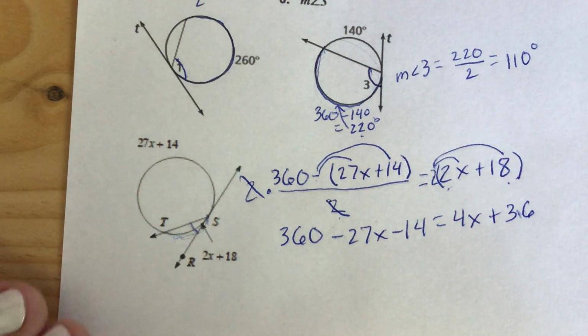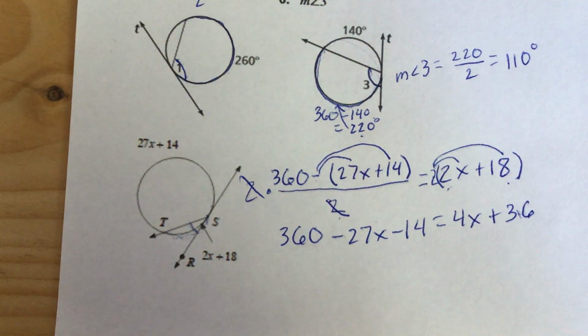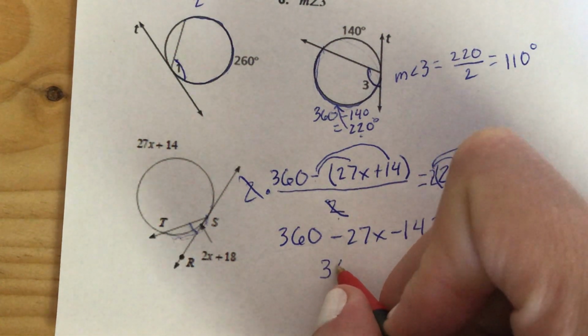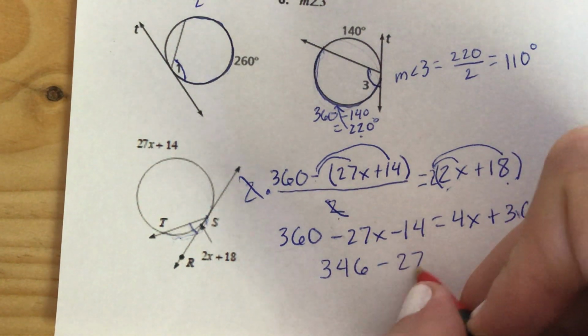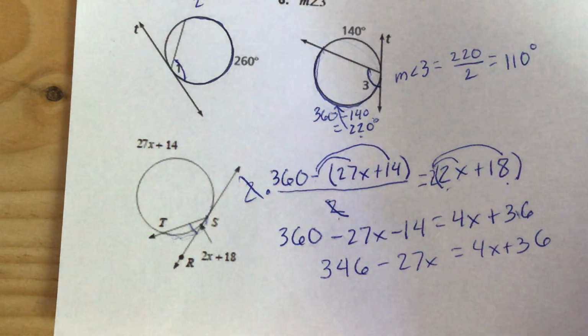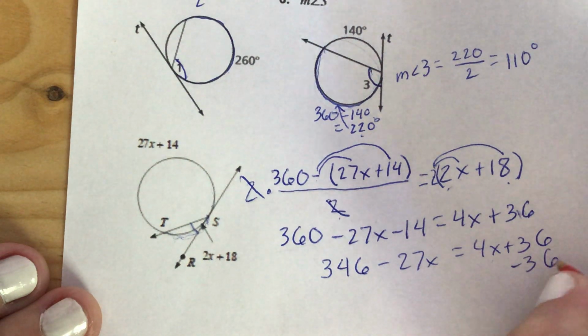Then from there, you're just solving for x. So I'm going to combine like terms. 360 minus 14 is 346. And then I'm going to rewrite it. From there, I just want to move my variables to one side and constants to the other.